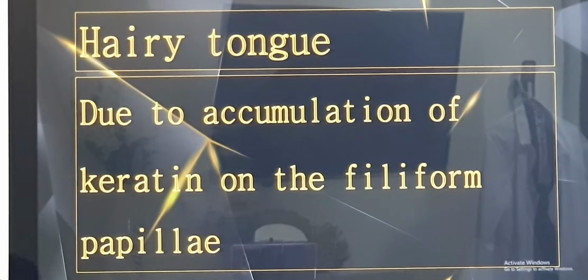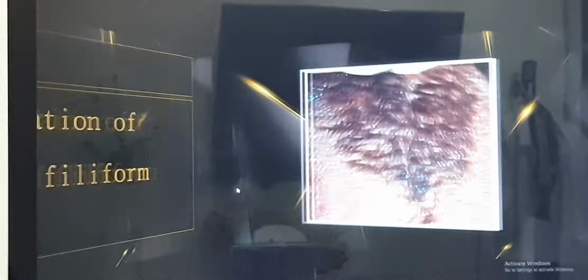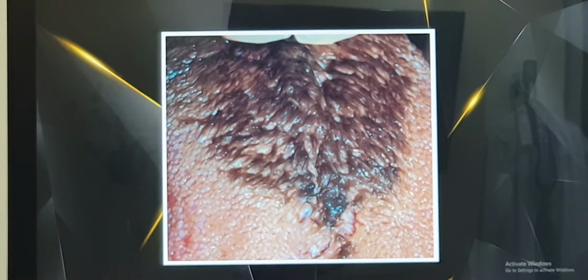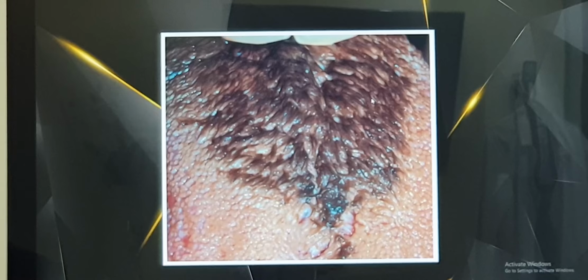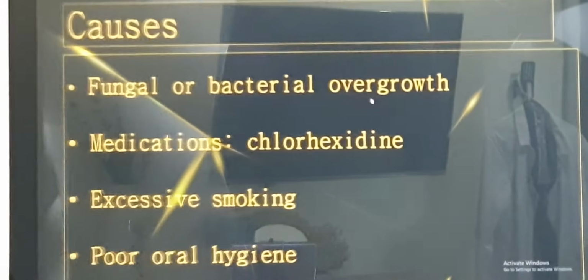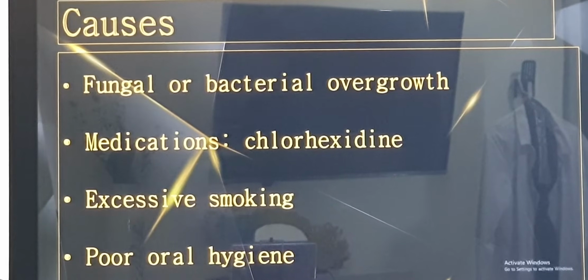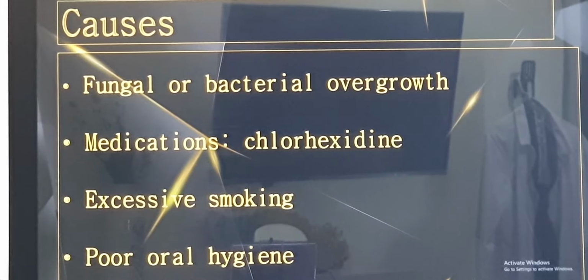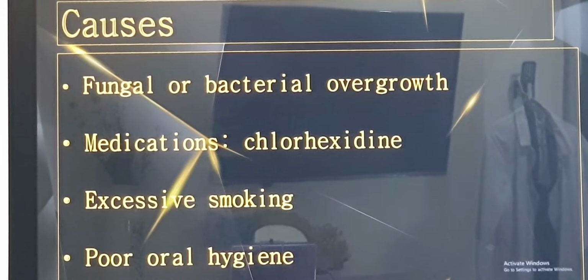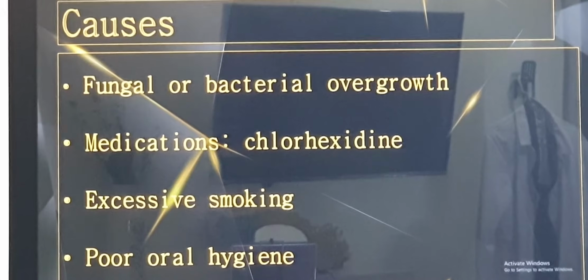Now, why does this happen? So, what are the offending factors? This is how the tongue looks. What happens is you have a bacterial overgrowth in the area of growth of the filiform papillae. This results from the following causes. One is overuse of medications like chlorhexidine, which is most commonly seen in mouthwash.